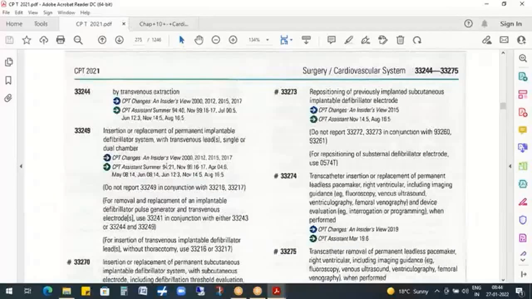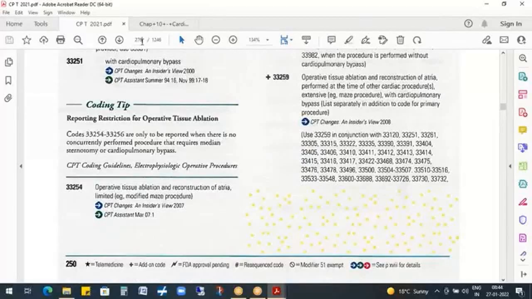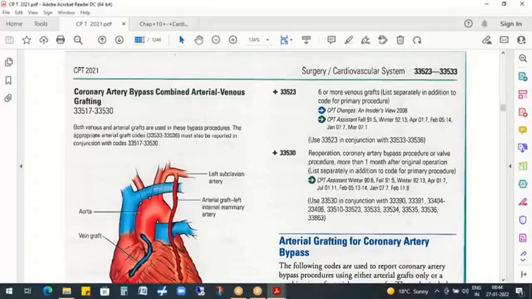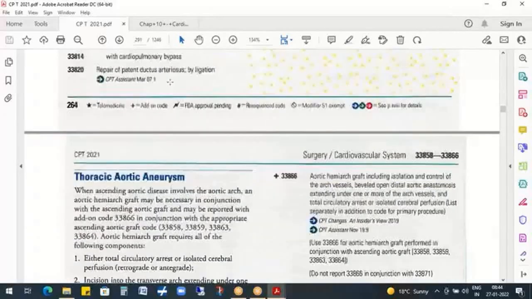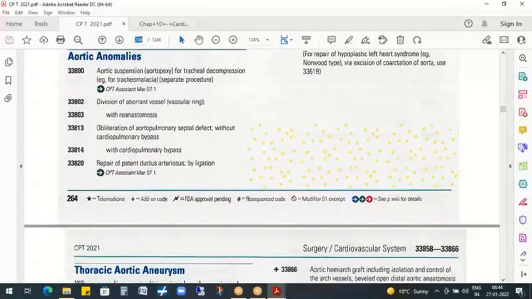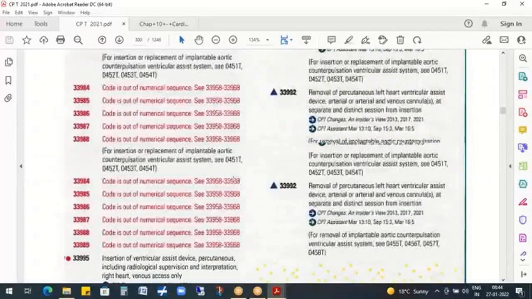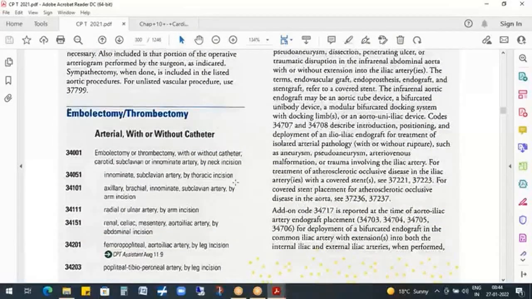Are you there? 34001. Yes, sir. What is the page number? 274. You can see that thrombectomy, embolectomy is there. Code descriptions.